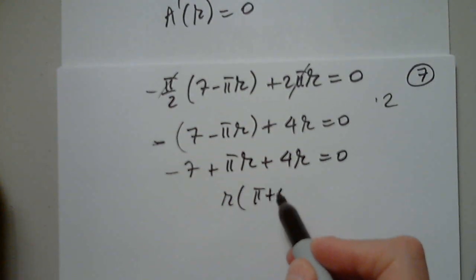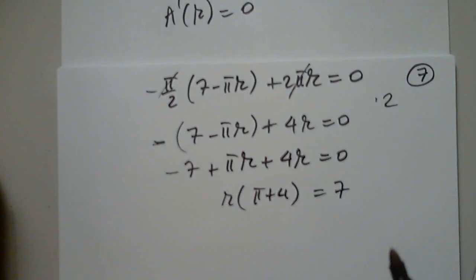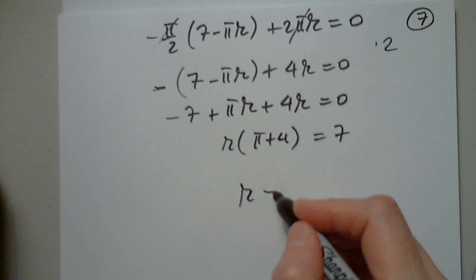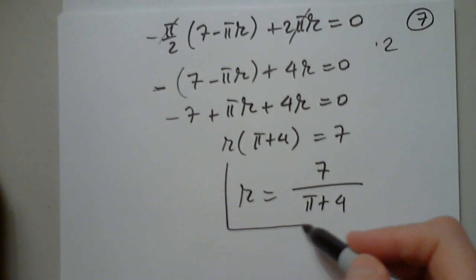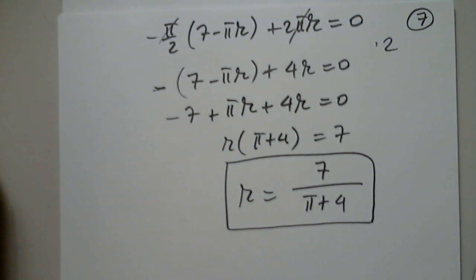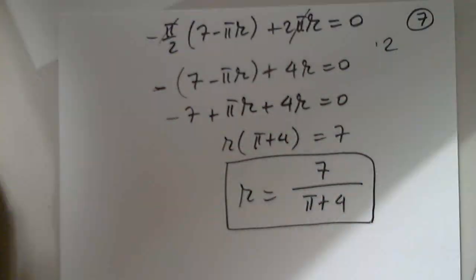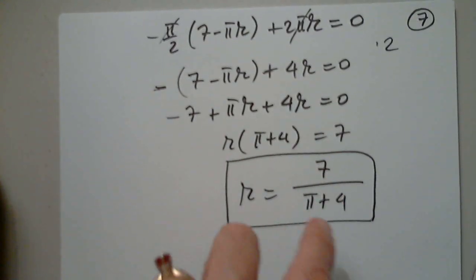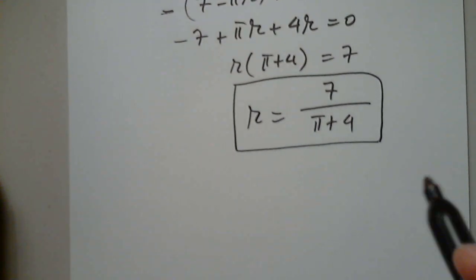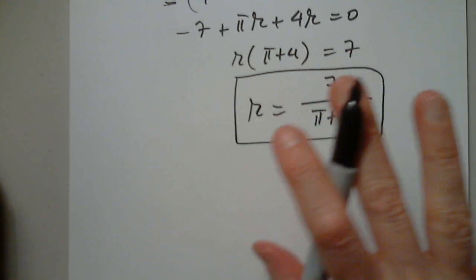R times pi plus 4 equals 7. R equals 7 over pi plus 4. You have to enter it like this, because if I remember correctly, they don't want any approximations. Does this give a max or a min? I have no clue.